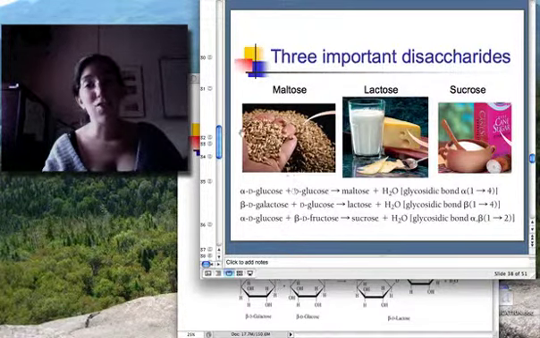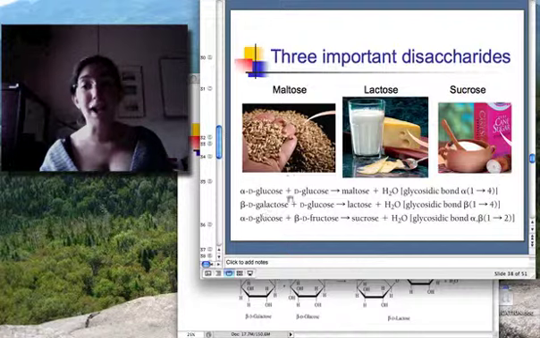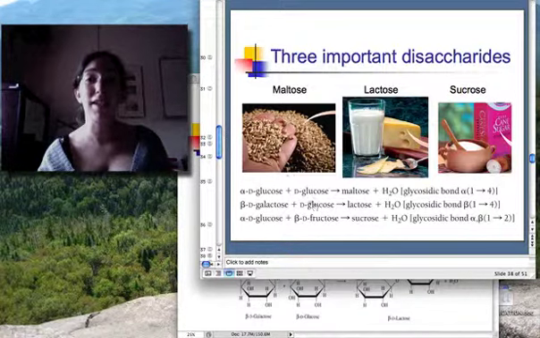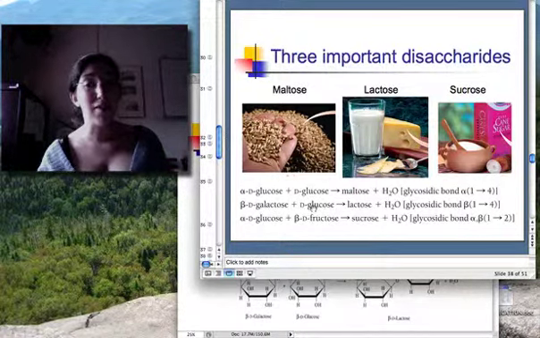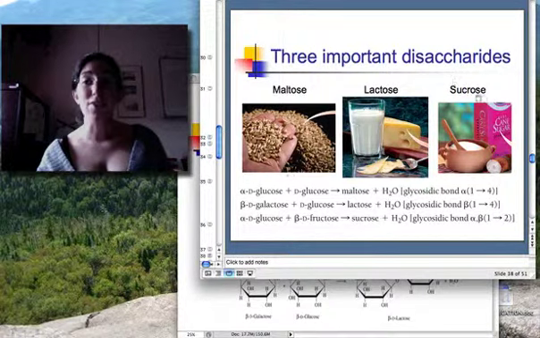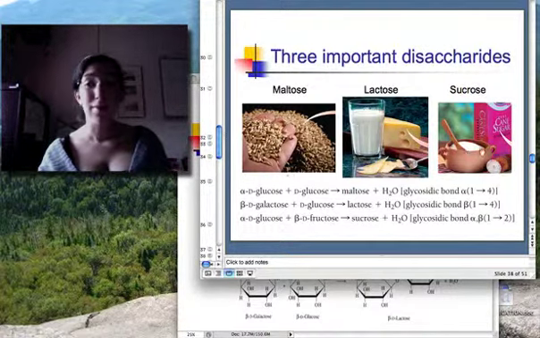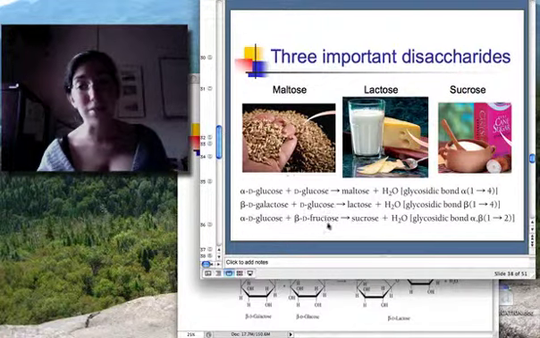Lactose is milk sugar, which you find in dairy products, and it's a combination of galactose and glucose, specifically beta-galactose and beta-glucose. And sucrose is table sugar, and it's a combination of glucose and fructose, specifically alpha-glucose plus beta-fructose.